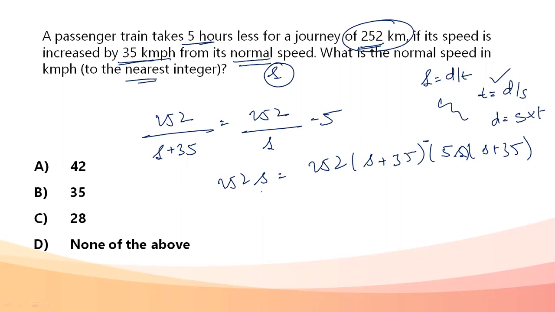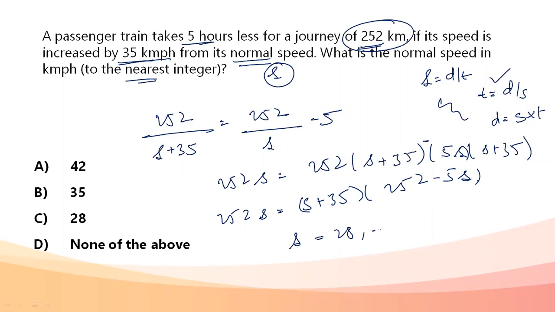So 252s equals (s plus 35) into (252 minus 5s). This is a simple equation in terms of variable s, and when we solve this we get a quadratic. Finally s equals 28 and s equals minus 63.